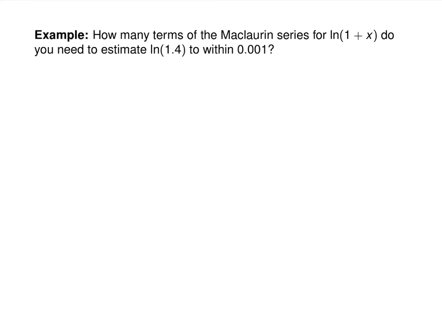So first of all, the series for ln of 1 plus x is the sum from n equals 1 to infinity, negative 1 to the n minus 1, x to the n over n. And natural log of 1.4, well, that's the same thing as 1 plus 0.4.